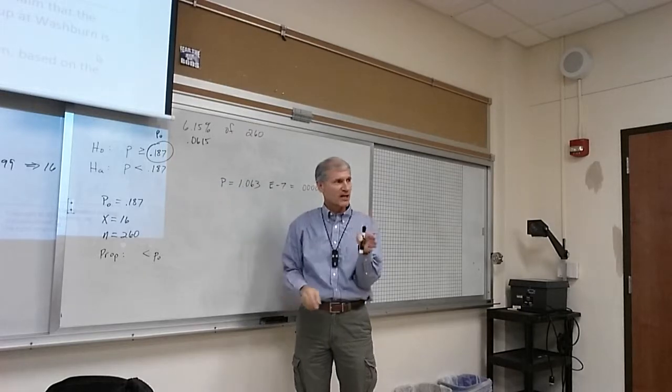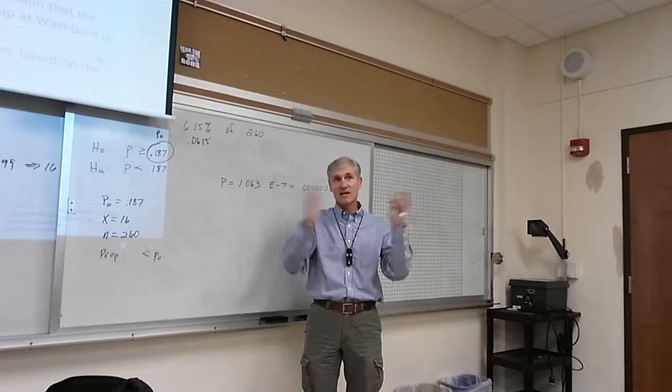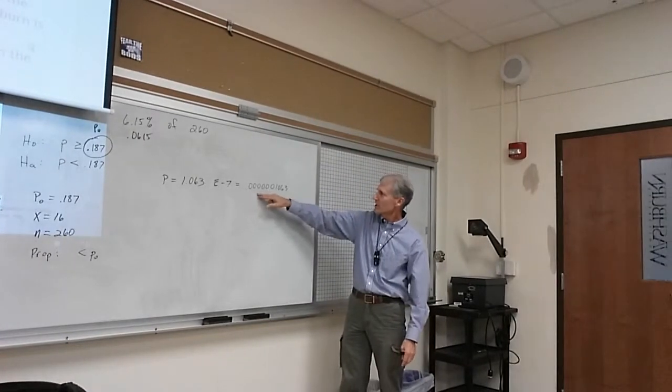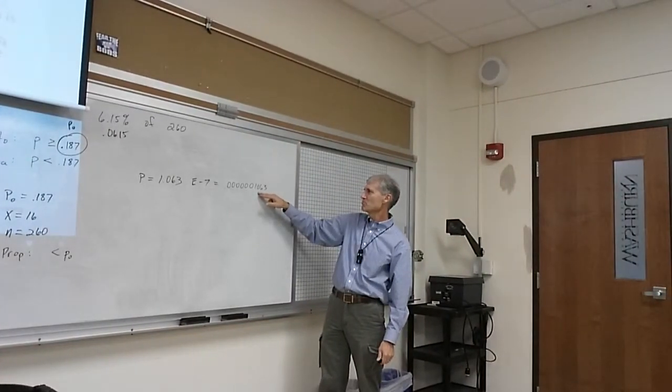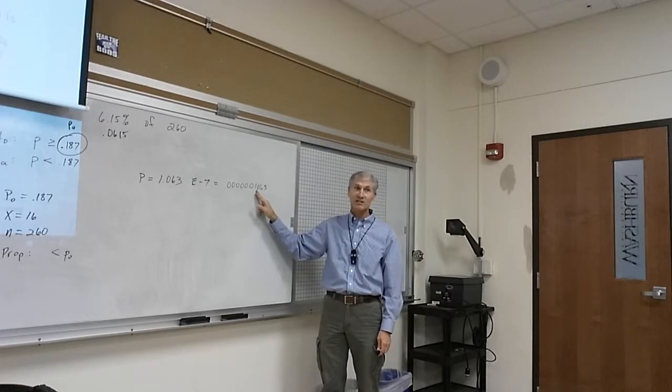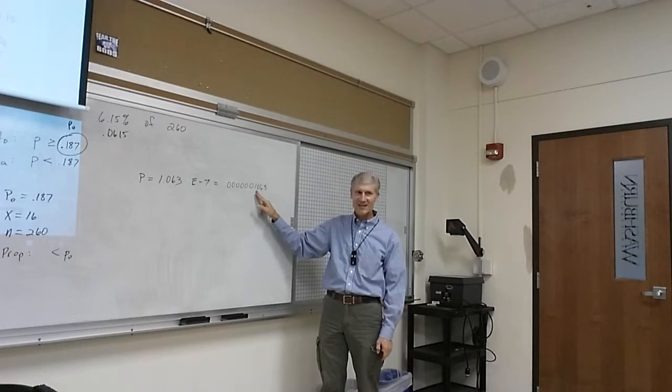So if the rate at Washburn is the same as it is nationally, there is a 1 in a 10 million chance that you could get data like you just got. So therefore you what? You reject the null hypothesis.